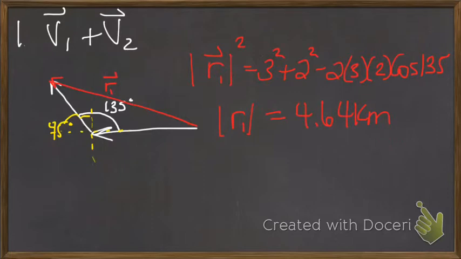And again, eventually we're going to need some direction here. So again, let's label that theta. You're going to use sine law to solve for theta. And again, for a matter of time, I'm going to state the answer. Theta is 17.75 degrees. So now we have to take this resultant vector and we're going to add it to vector number 3. I'm going to go to a new slide and let's call this step 2.